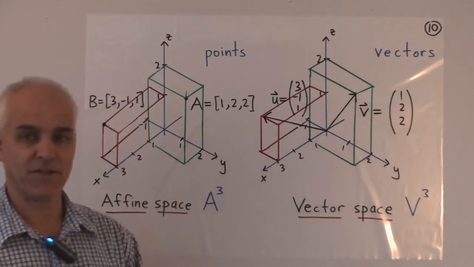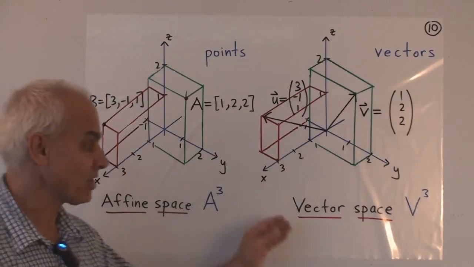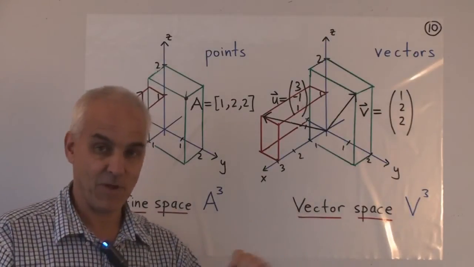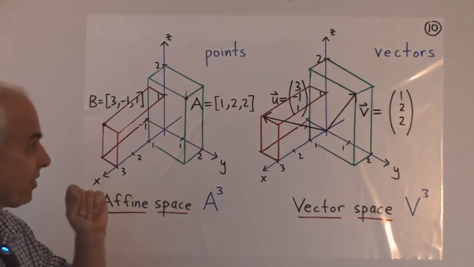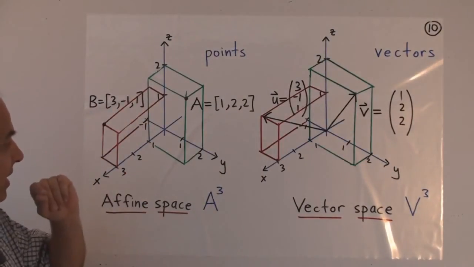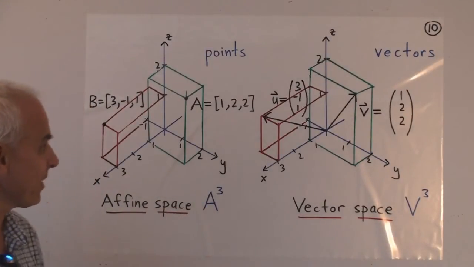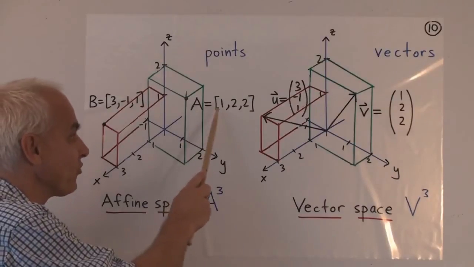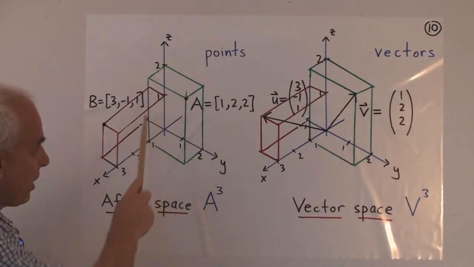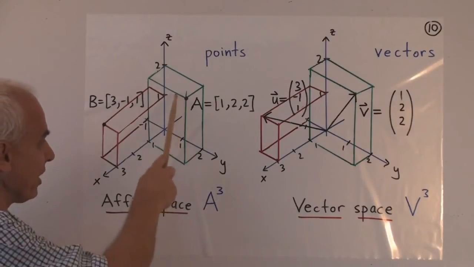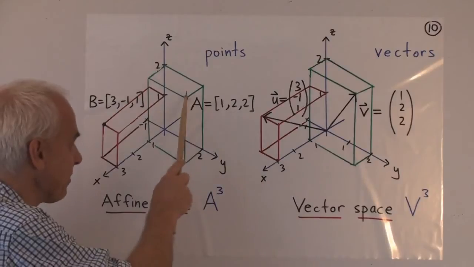Very closely connected to that, intimately connected to that, is the corresponding vector space, which is subtly different. And a vector is a directed line segment, or a pair of points. So over here, the triple 1, 2, 2 refers to actually this point that we get by forming a parallelepiped and positioning it in the correct way, so that there is just that point.